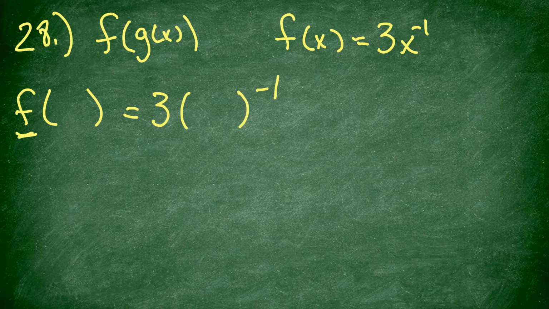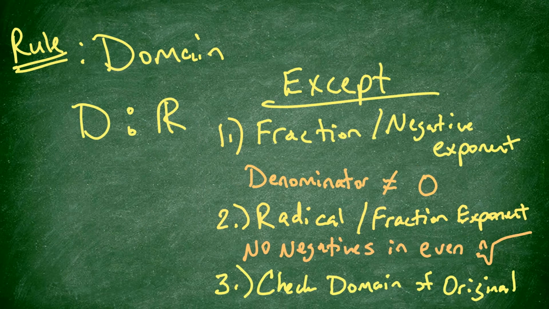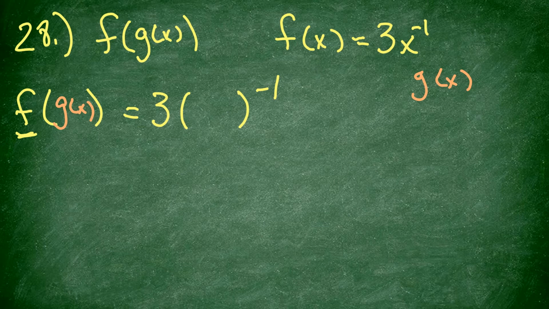All right, now I'm going to plug in g of x. So I need to know what g of x is. So I go back and look. G of x is 2x minus 7. So I put 2x minus 7 here.